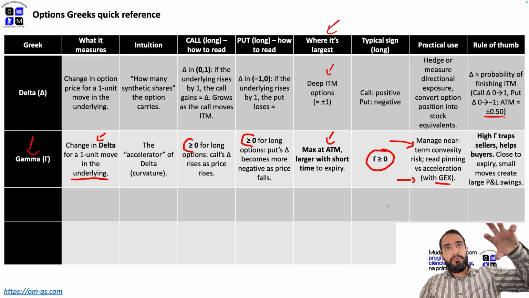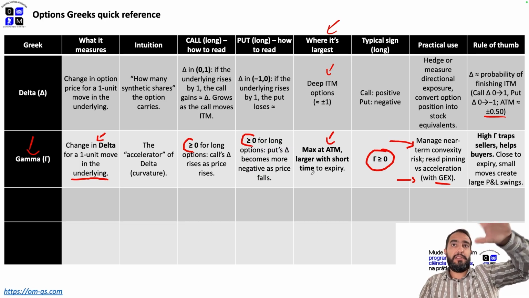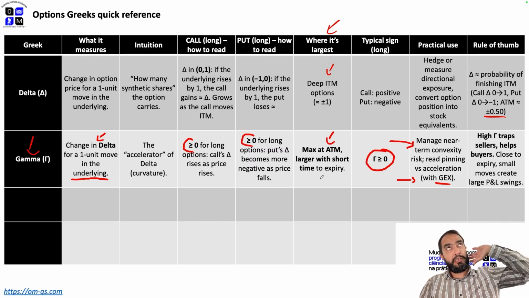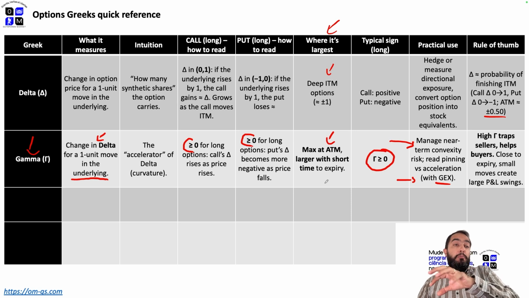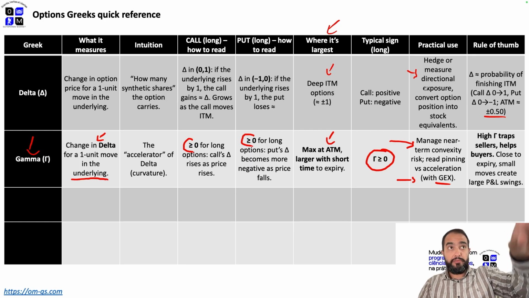And this can be understood by the signal of the gamma in the sense that it's always positive, but if we are understanding from the dealer side, the dealer will have to buy the options or sell the options, or buy and sell the underlying asset in order to protect their position that they were building while providing liquidity to the market or while hedging their directional exposure in this case, and you can have the reading of that particular movement through the gamma.